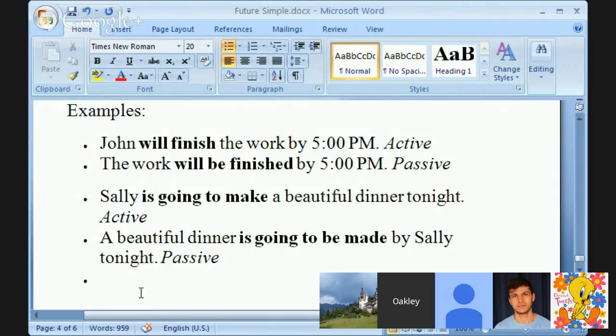Oksana, why don't you try making a passive sentence following the second examples here, where the action happens to the subject. The lessons will be finished by 1 o'clock.